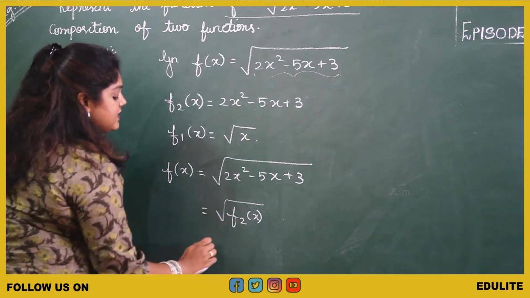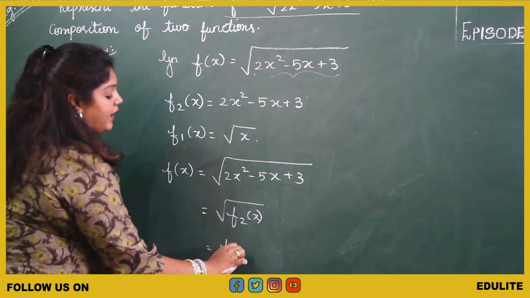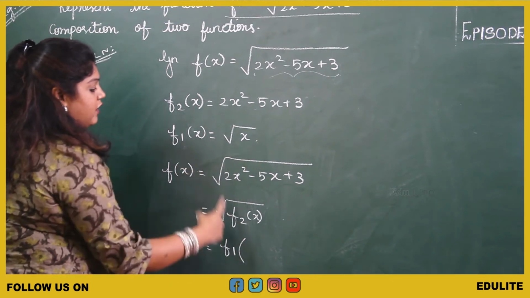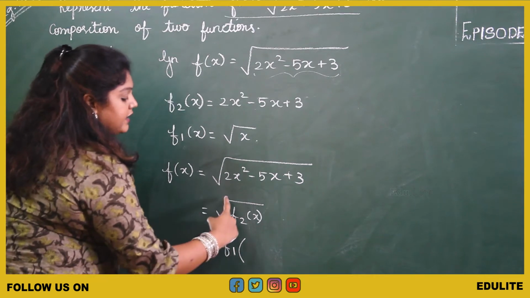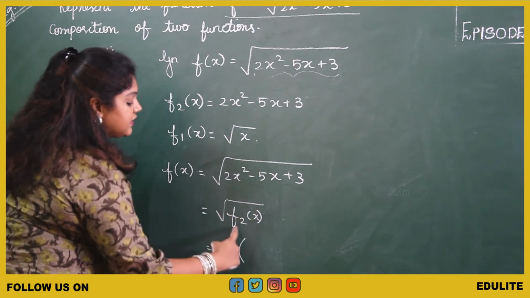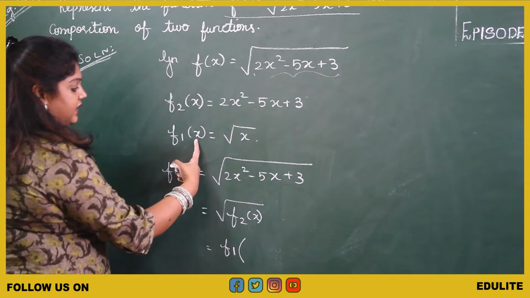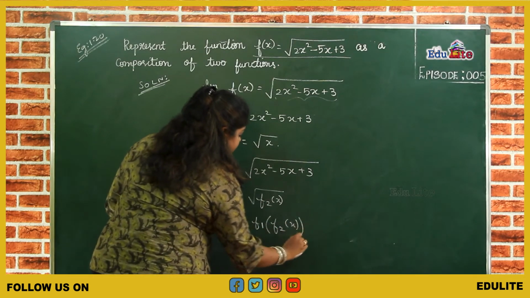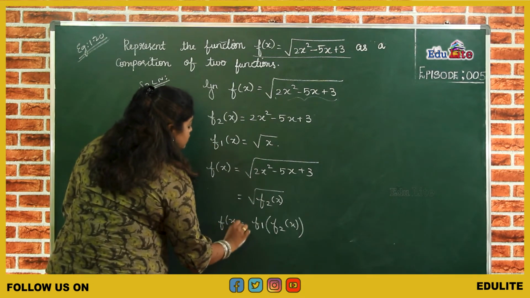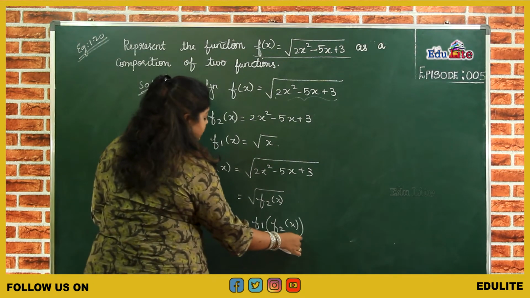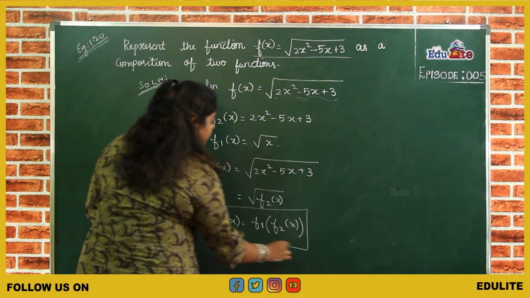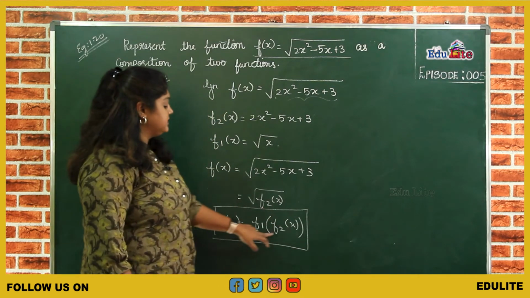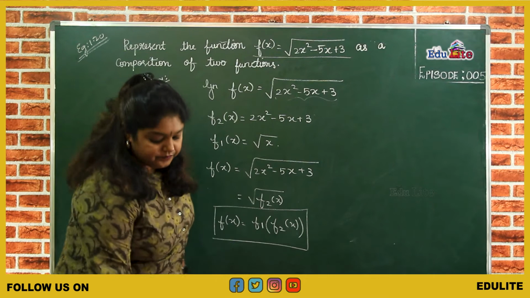Because f1 of x is root x, if it is f2 of x inside the square root, we can write it as f1 of f2 of x. So f of x is equal to f1 of f2 of x. We have represented the function as the composition of two functions.